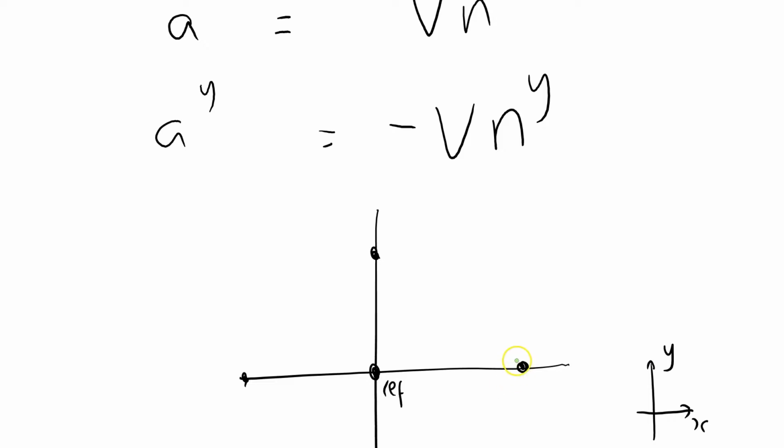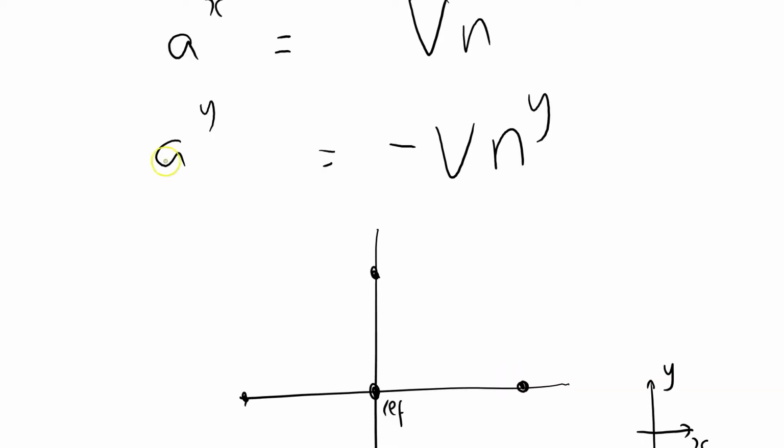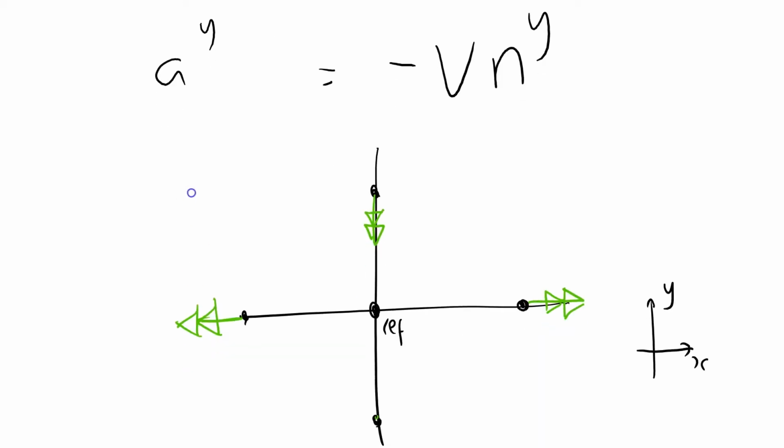At this point we've got no y acceleration because we've got no y component, just a nice positive acceleration away from the origin, and here as well. Here we've got a negative acceleration, so we're accelerating towards the origin, and here as well.